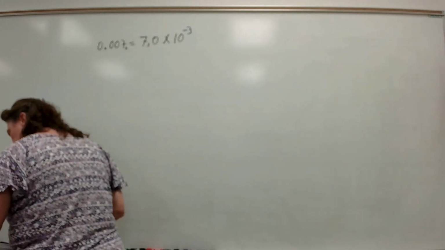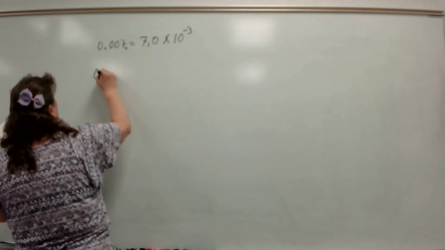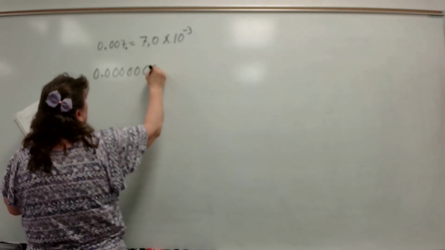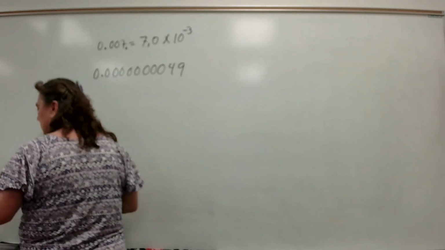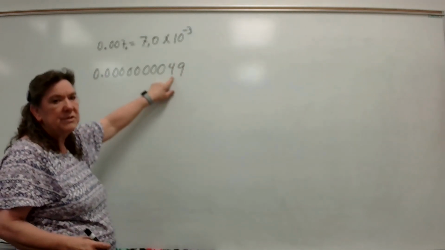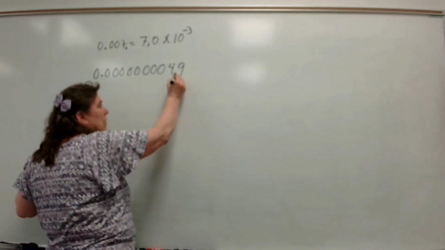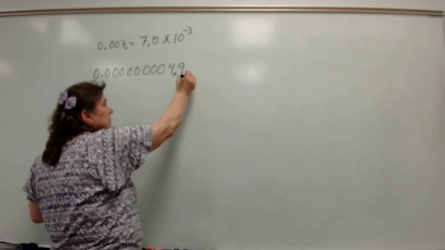Okay, let's look at another one. Again, my first non-zero significant digit is right here at 4.9, so my decimal point has to go there.